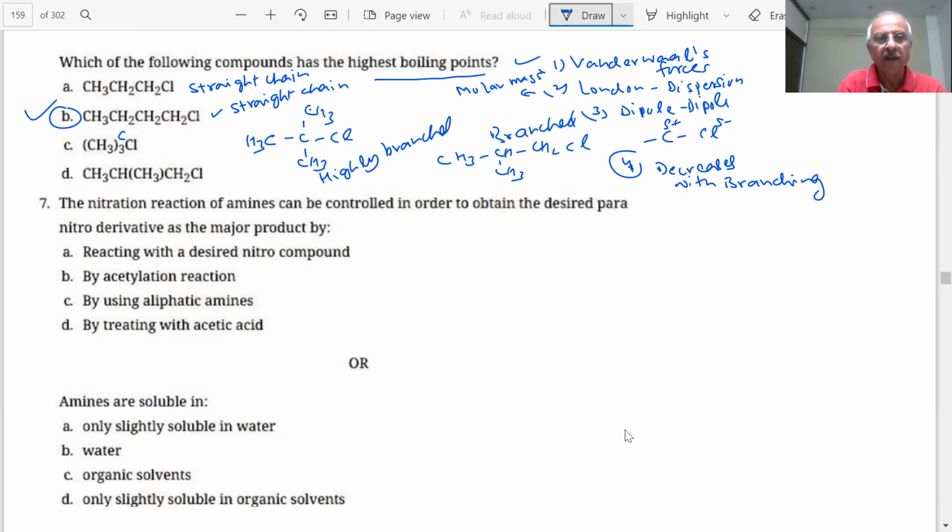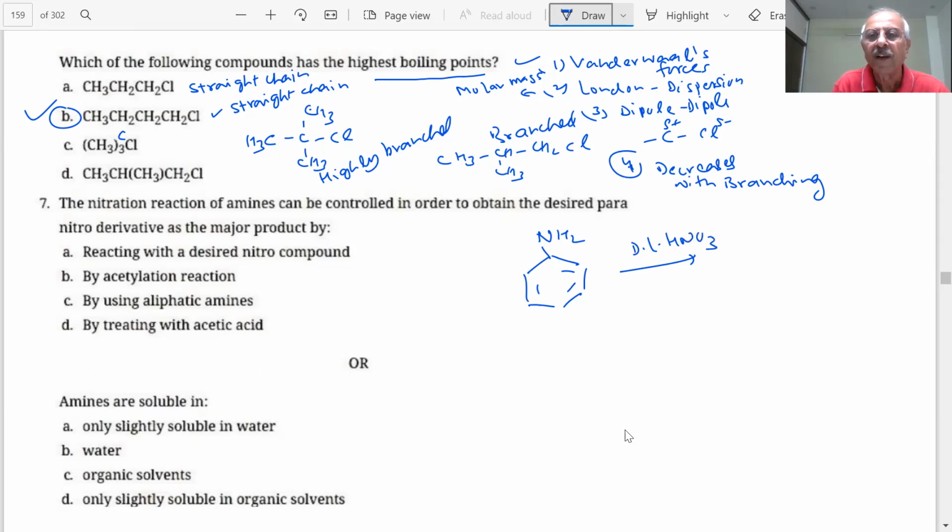Okay. Next question. The nitration reaction of amines can be controlled in order to obtain the desired para-nitro derivative as a major product by... You can see what is the type of question we must understand. This is our aniline. You are reacting this with nitration, dilute nitric acid, dilute HNO3.